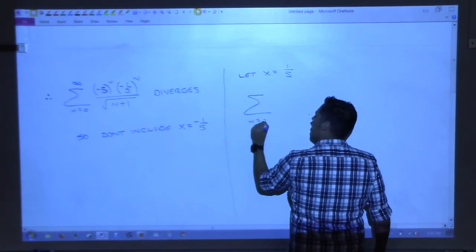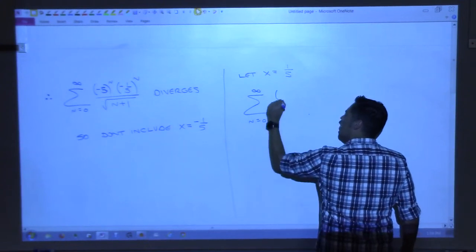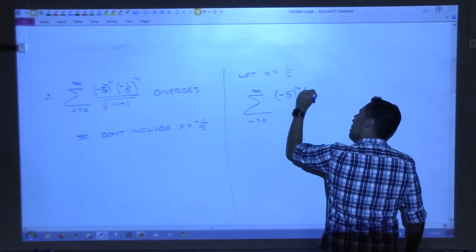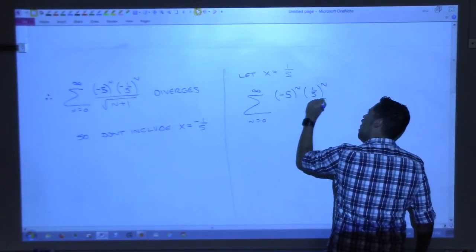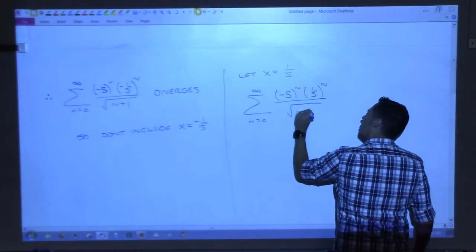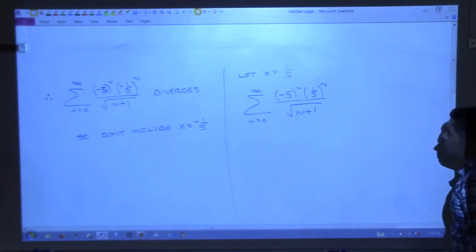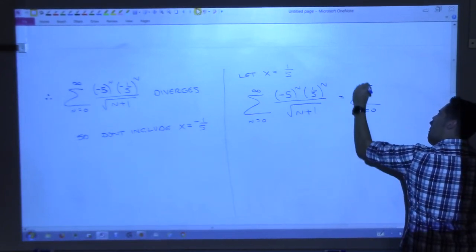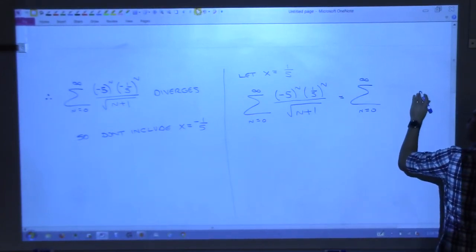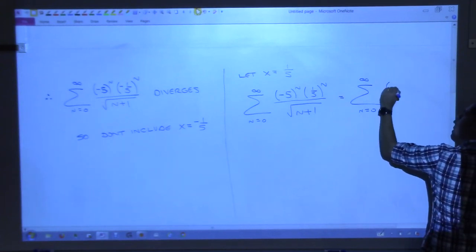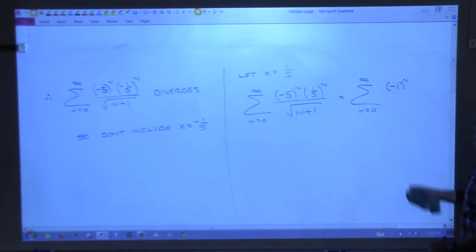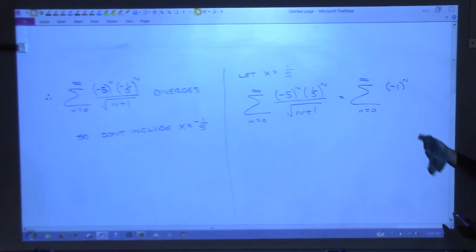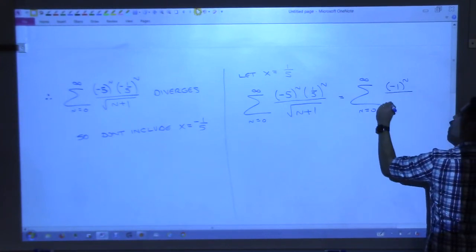Sum n equals 0 to infinity, negative 5 to the n, 1/5 to the n over root n plus 1, which turns out to be sum what? This time negative 1 to the n, okay? Not positive 1, so we can't just get rid of it. And then over root n plus 1.